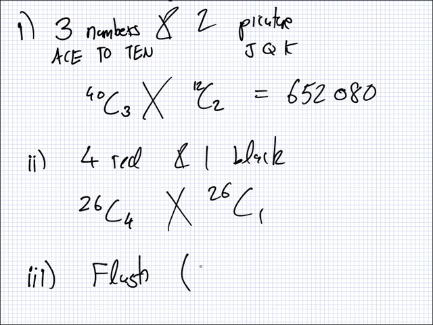Yeah. A flush means 5 cards which are all the same suit. So for example, 5 hearts or 5 diamonds or 5 clubs or 5 spades. That's what a flush is.